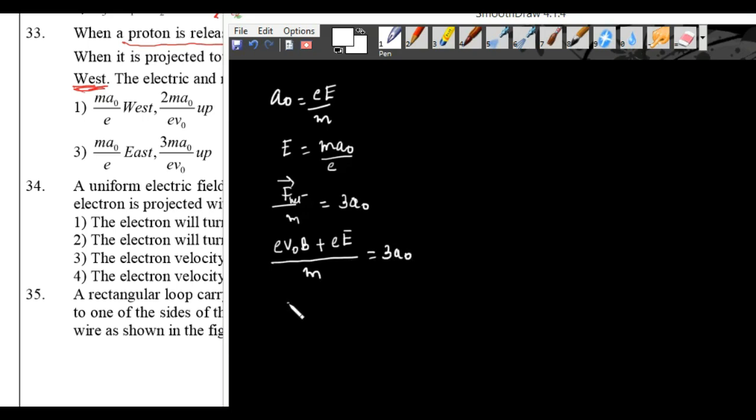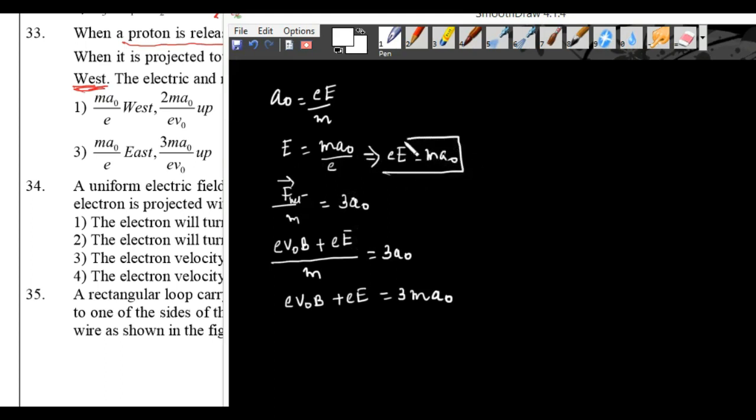Now here, e v naught B plus eE is equal to 3 m a naught. Now here, eE is equal to m a naught.